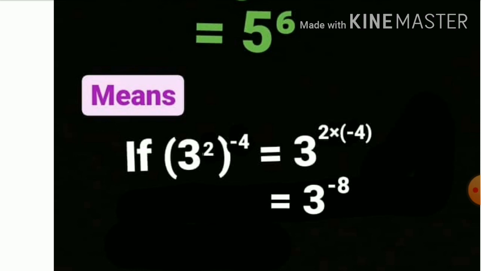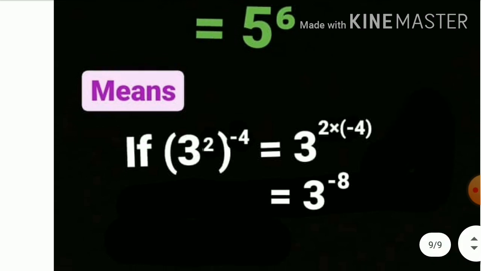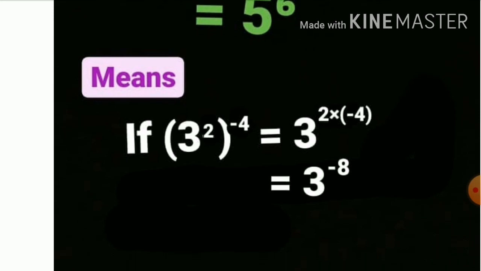So 2 multiplied by -4 is how much? 2 fours are 8, and plus minus is minus. You have learned signs in your previous lesson, how plus minus is minus. You have to remember that and apply it here also.